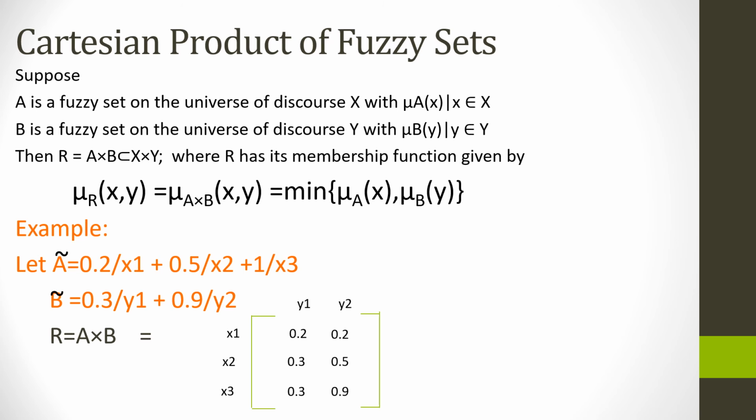Let us consider only the numerators: fuzzy set A has 0.2, 0.5 and 1, and fuzzy set B has 0.3 and 0.9. The next step is to calculate the Cartesian product A cross B, and then calculate the relation in matrix form. That means you take the minimum value from fuzzy set A and fuzzy set B.